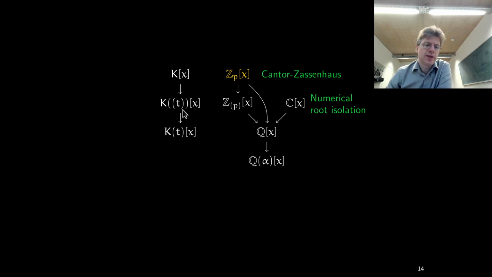So what is this? This is polynomial factorization over the field of Laurent series in one variable t. You know, a formal Laurent series is like a power series, except that a Laurent series may also have monomials with negative exponents, as long as there are just finitely many.